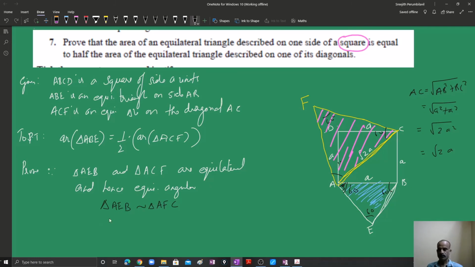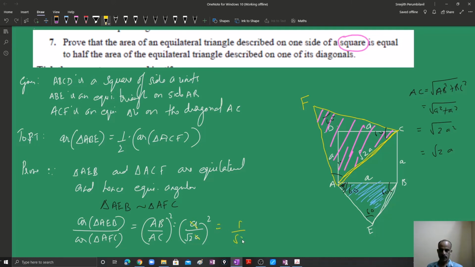Therefore, area of triangle AEB by area of triangle AFC is equal to AB by AC whole square, that is equal to A by root 2A whole square. This is A, this is root 2A, we already found that. So A and A cancel, this is equal to 1 by root 2 whole square, which is 1 by 2.